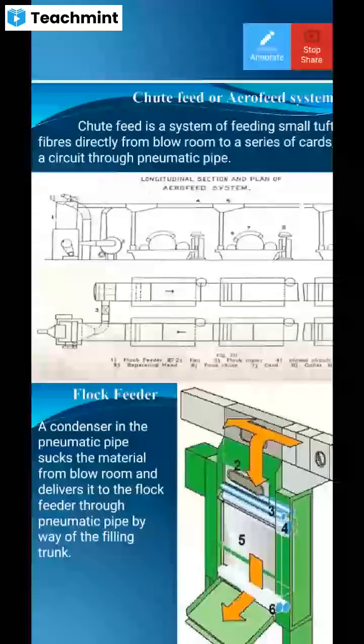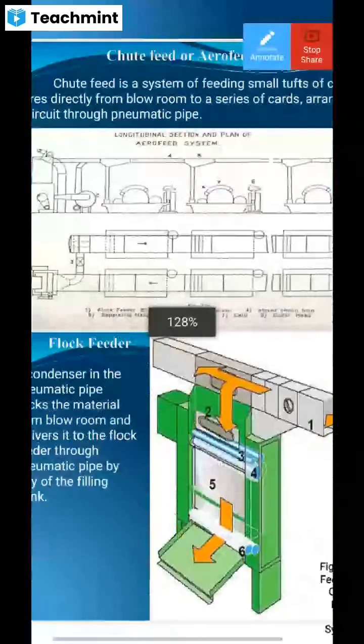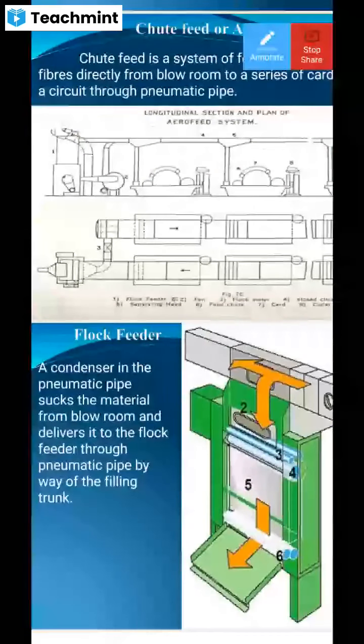So this is the schematic diagram. The blow room output is the input of the carding machines, a line of carding machines, interconnected with the pneumatic pipeline. Here, how does the flock feeder, the chute feed, work? A condenser in the pneumatic pipeline sucks the material from the blow room and delivers it to the flock feeder through the pneumatic pipeline by way of the filling trunk.